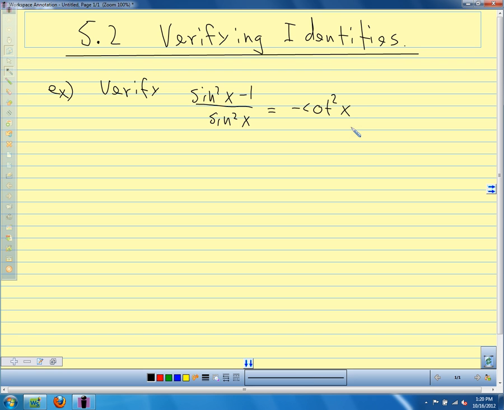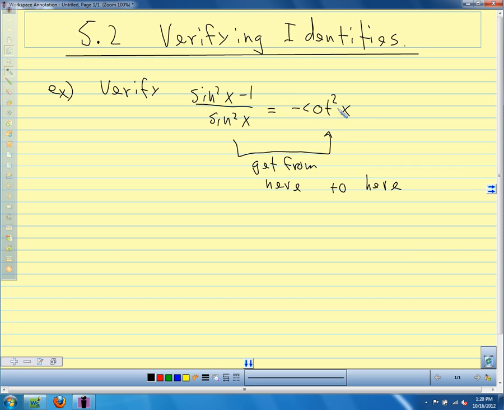When we're verifying identities, what the problem is asking us to do is show that I can get from here to here. This is my answer. I want to show that I can get the answer.